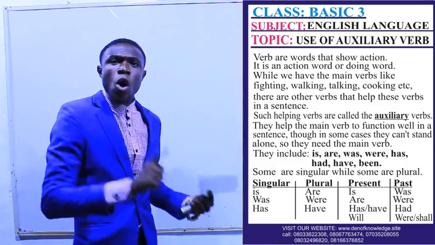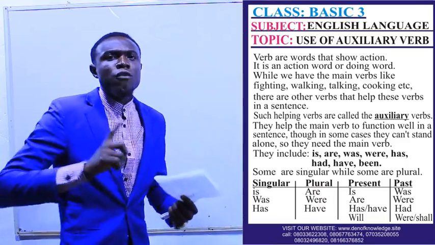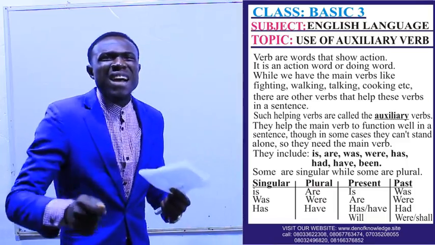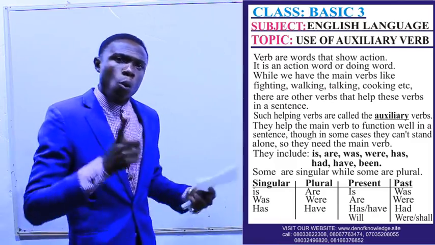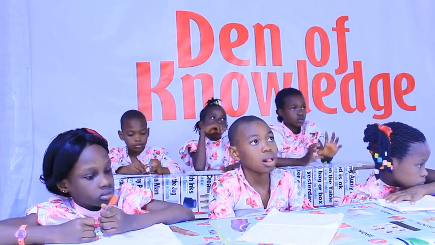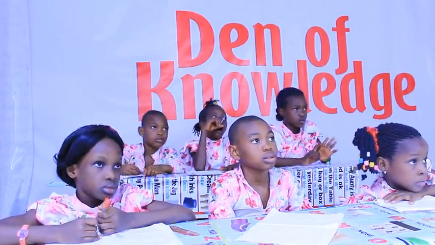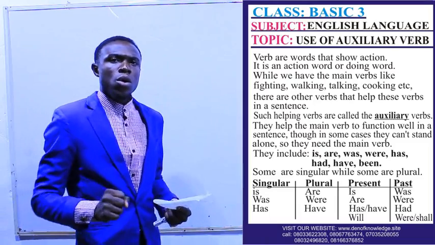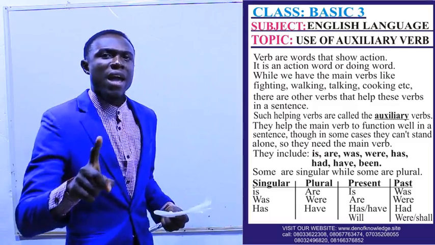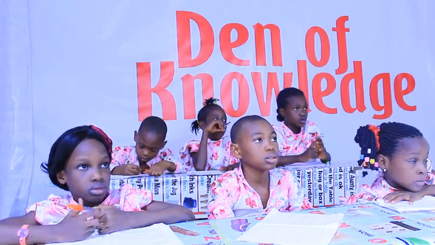What is an auxiliary verb? Auxiliary verbs are words that help the main verb to function well. The examples we have are: is, are, were, was.